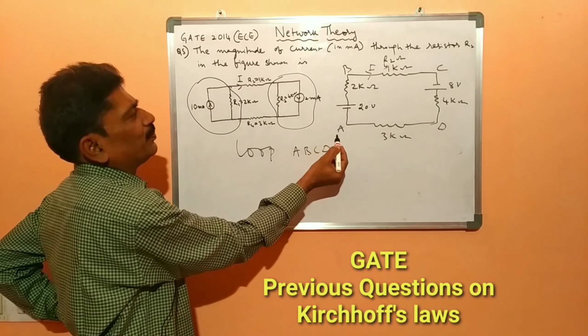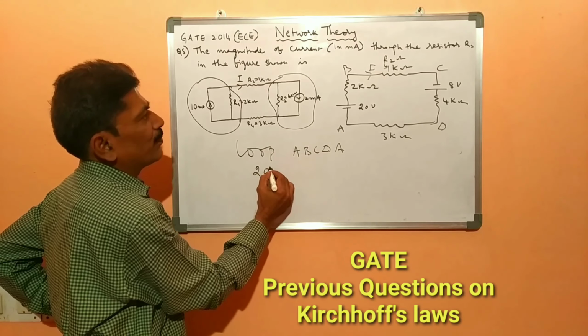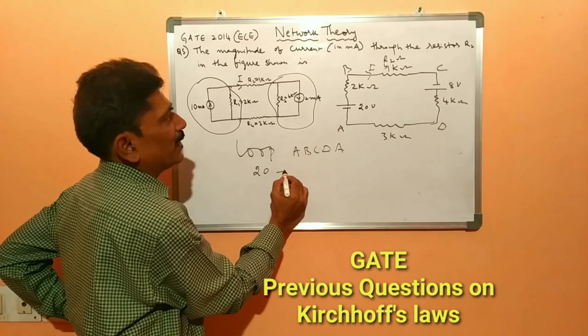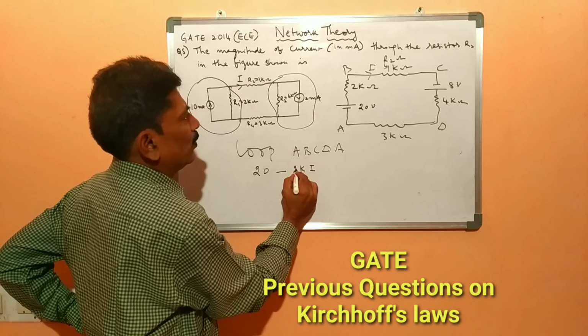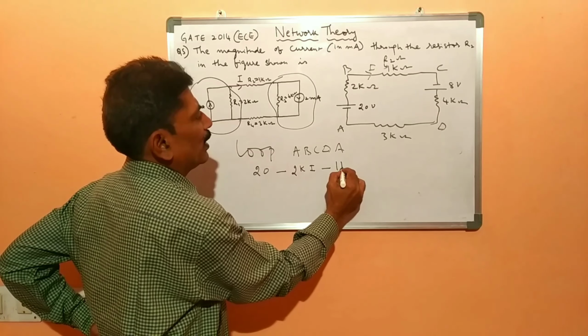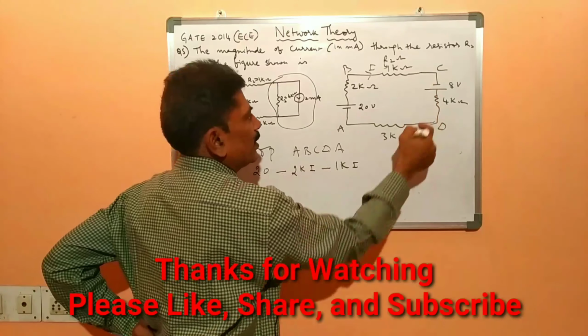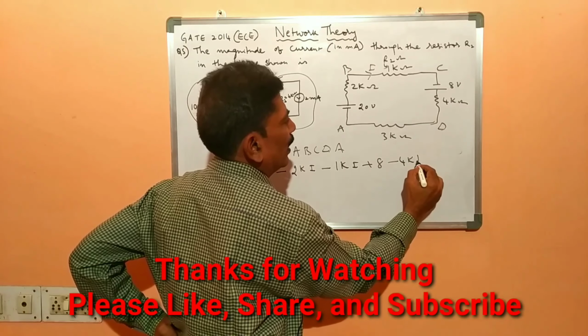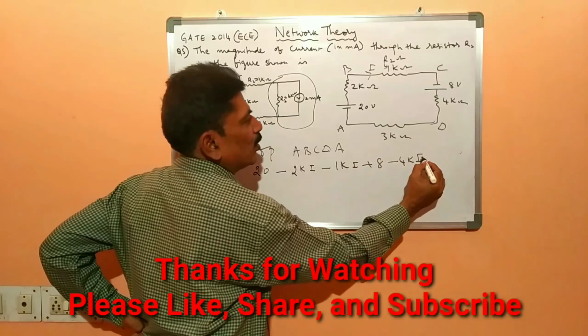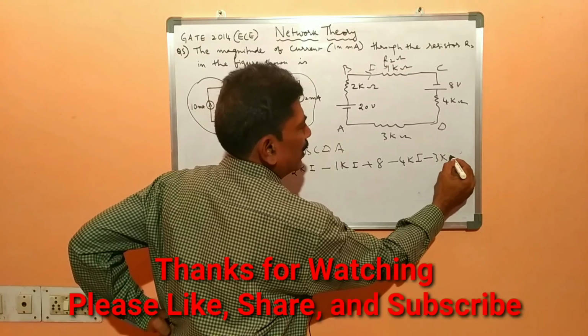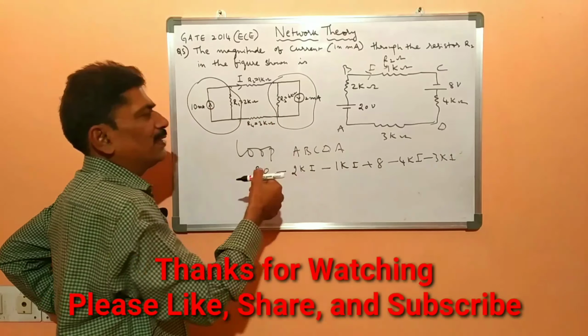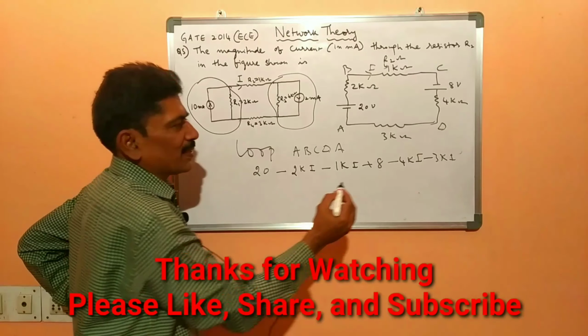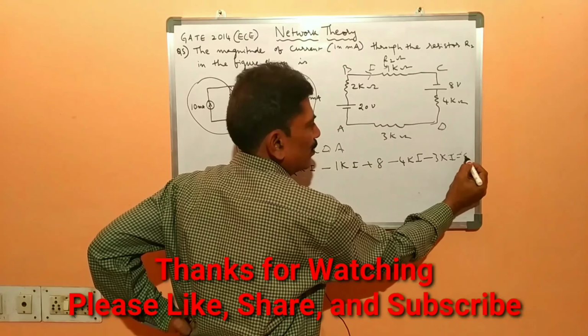Start from A, rise in potential, so 20. In the direction of current, so minus 2K into I minus 1K into I. Here rise in potential, so plus 8 and minus 4K into I. And in this branch, minus 3K into I, since we are moving in the direction of current, the sign of that voltage drop is minus 3K into I is equal to 0.